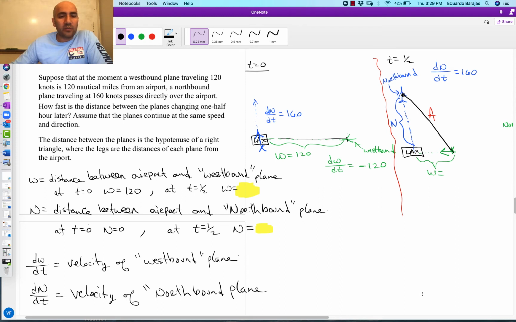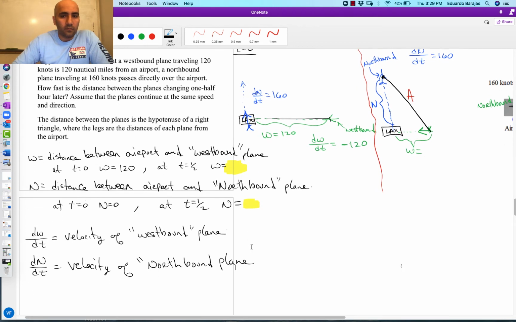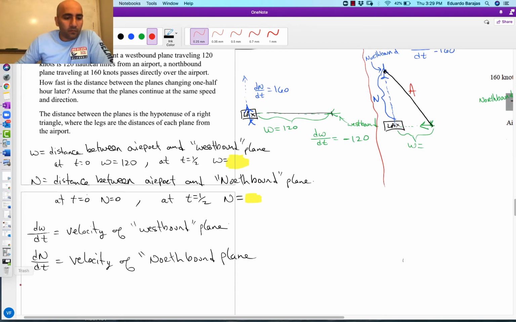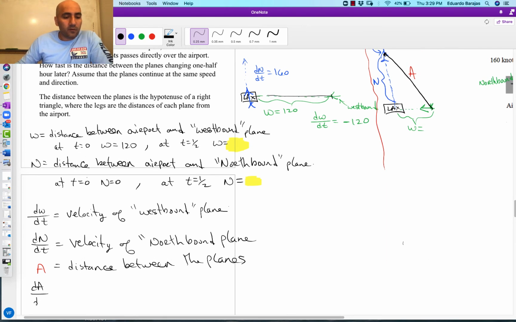How fast is the distance between the planes changing? So capital A is the distance between the planes. And so dA/dt is exactly what we're interested in, the change in the distance between the planes.